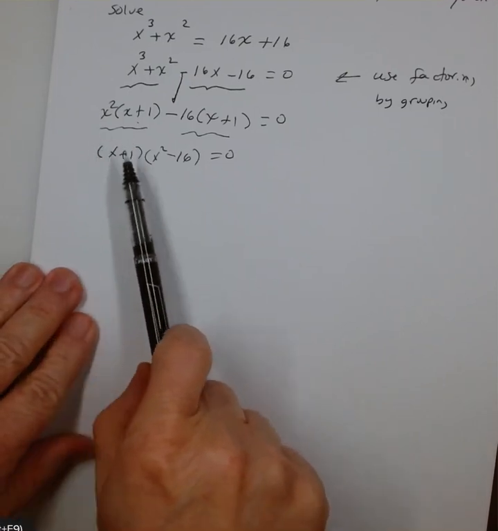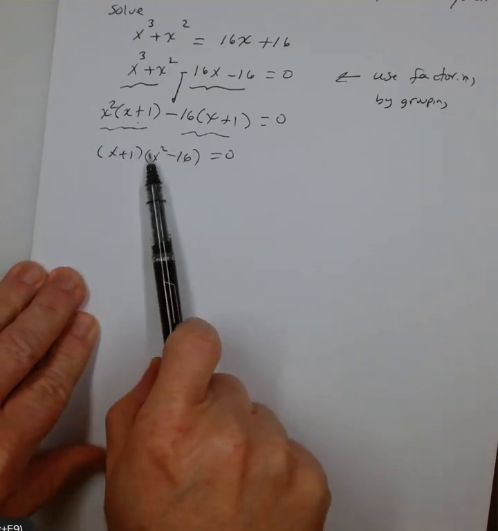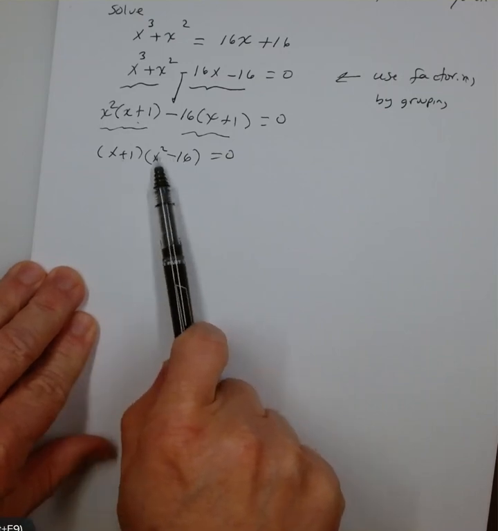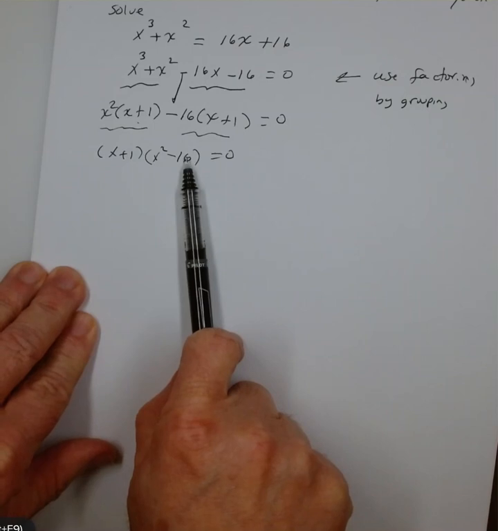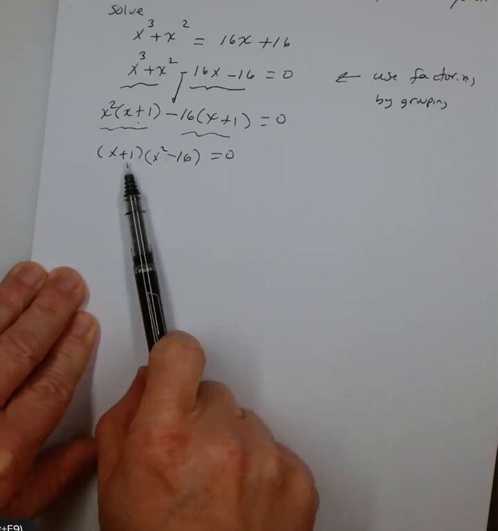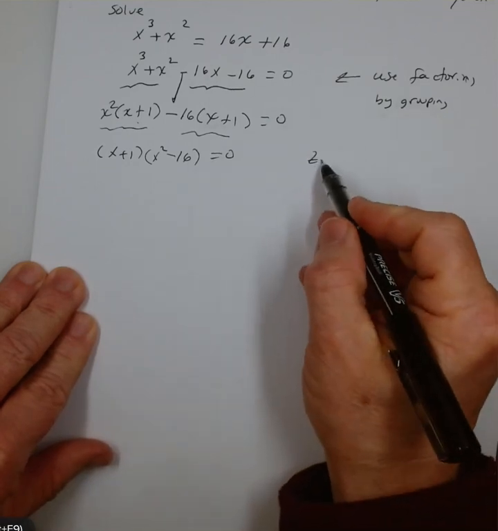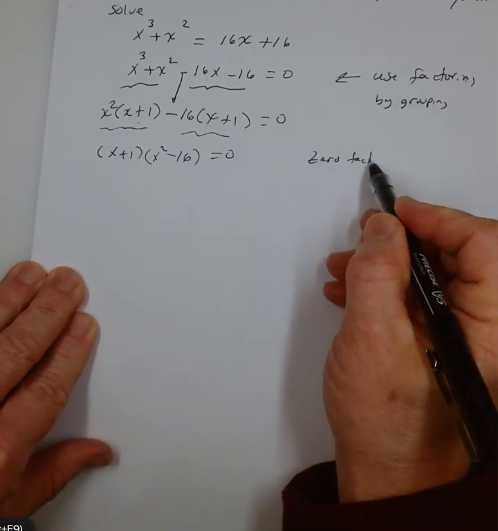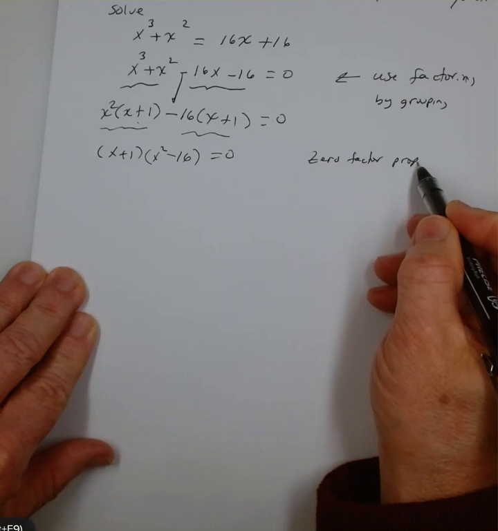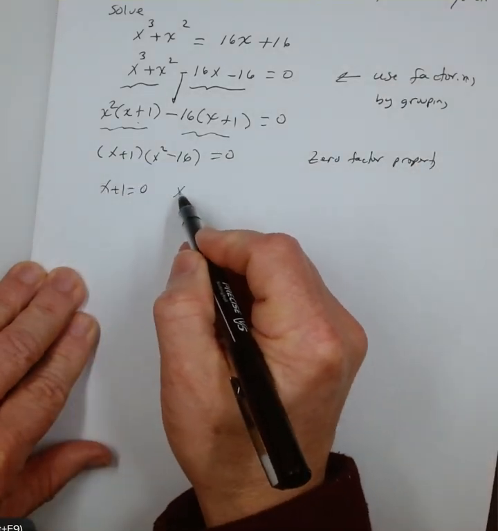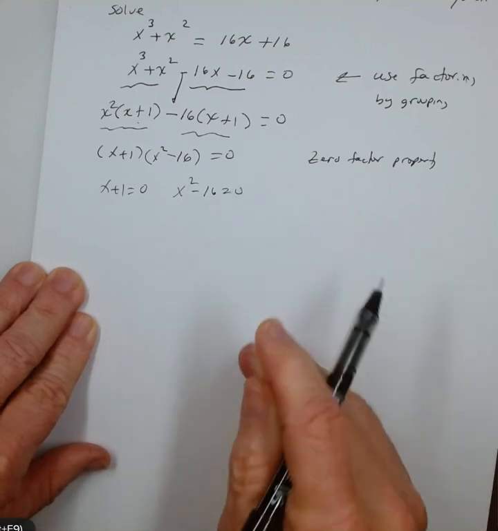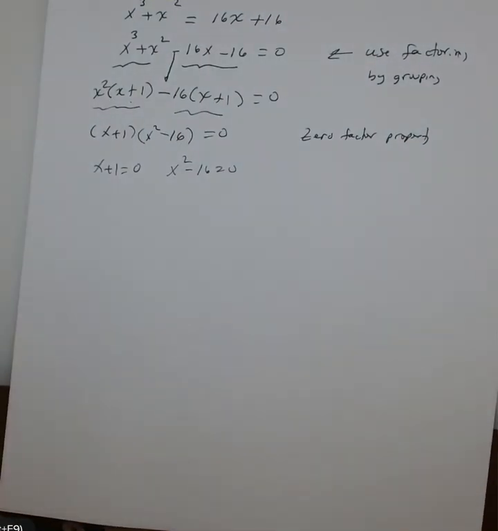I have two factors whose product is 0, so one of them has to be what? 0. So the zero factor property says I take each of those factors and set them equal to 0.